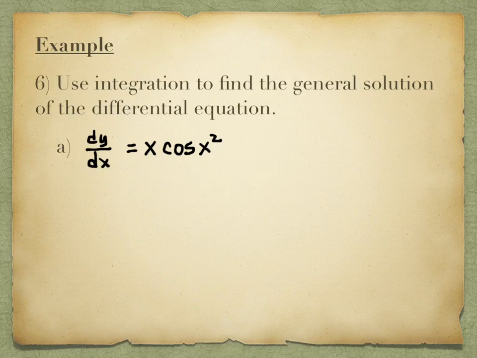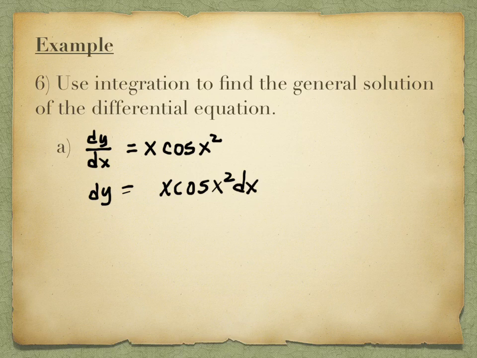So over here, the first thing you're going to notice when you see this is that you've got dy dx on one side and you've got the values on the other, okay? So the first thing I'm going to do is multiply that dx to the other side. dy equals x cosine x squared dx.